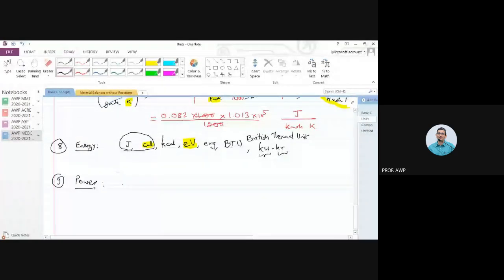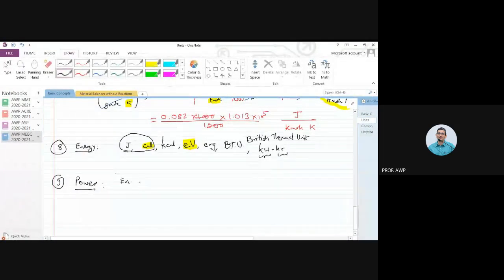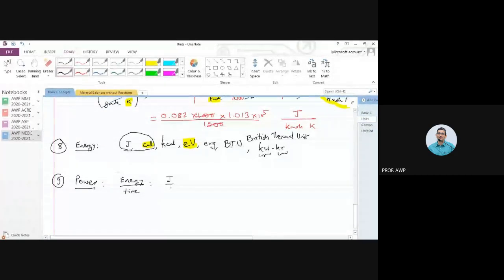Power is any unit of energy and any unit of time. The SI unit would be joules per second, but we know that by a different unit, watts, simply written as W, that's the accepted form.